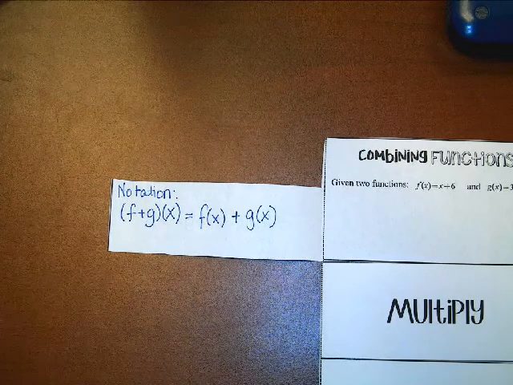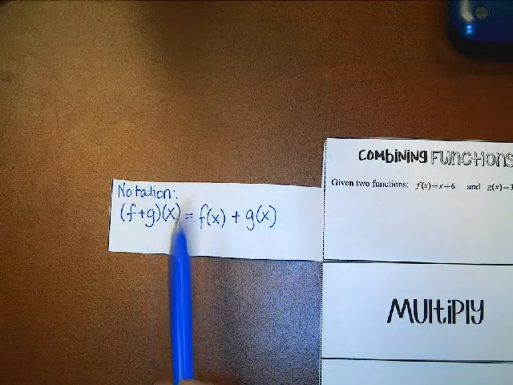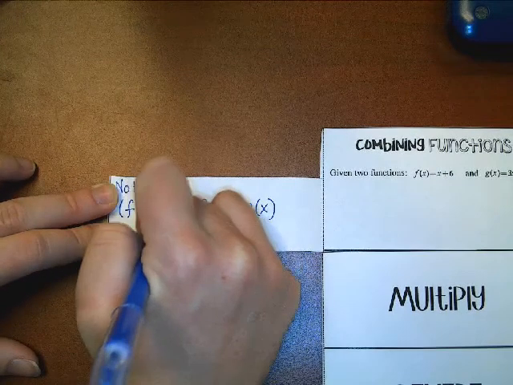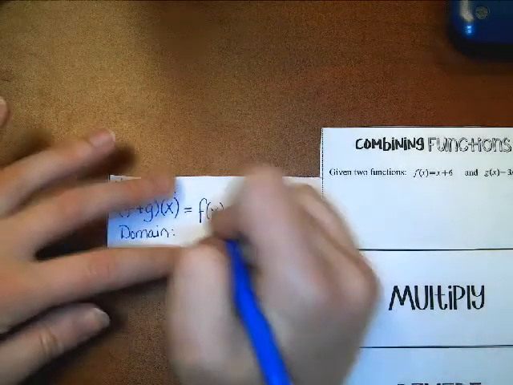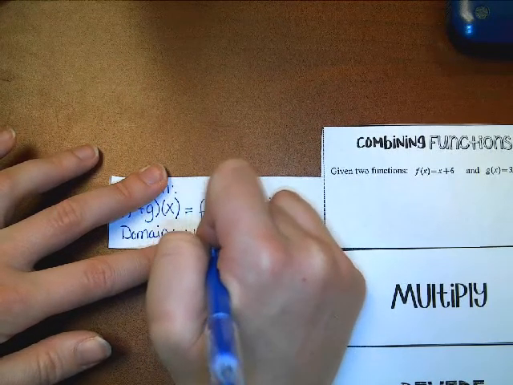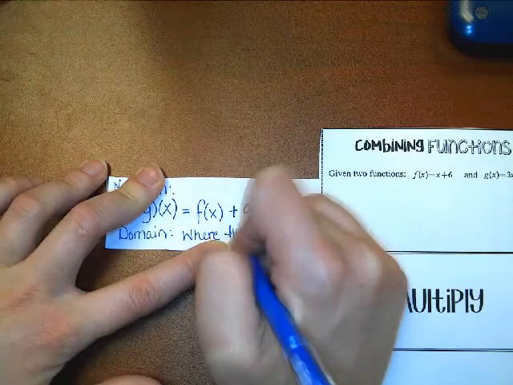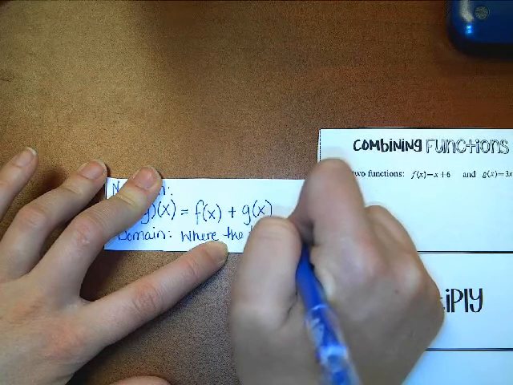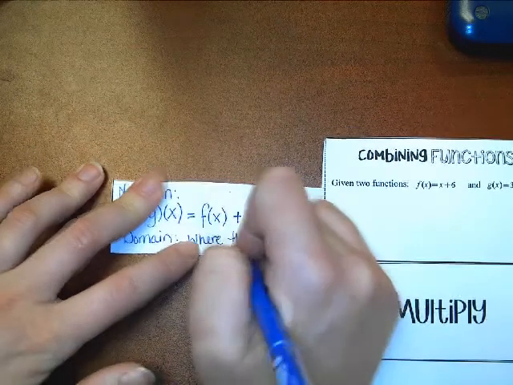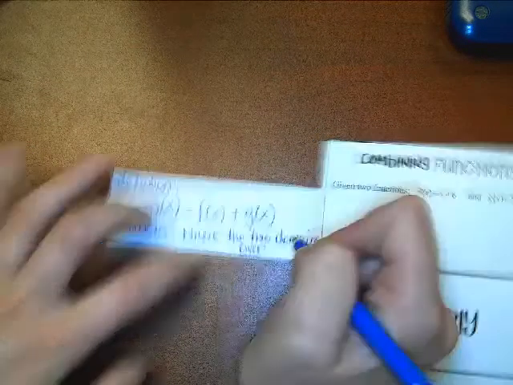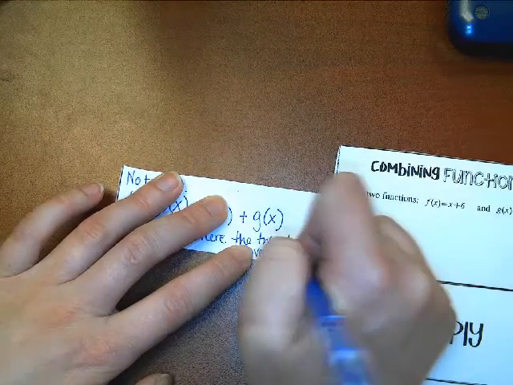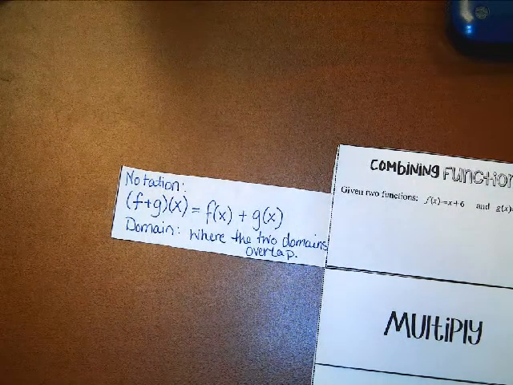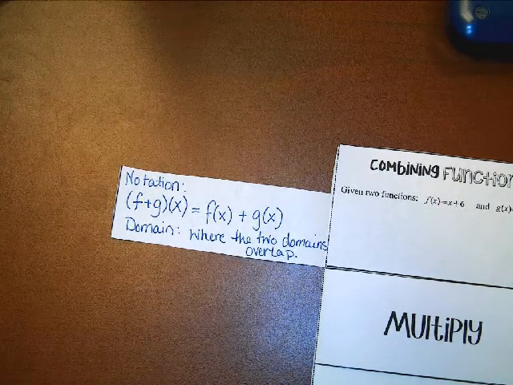So the new domain will be where f of x and g of x both exist, where they overlap.